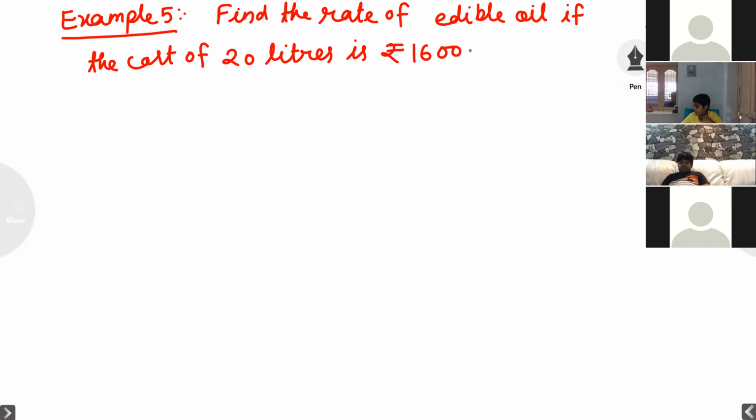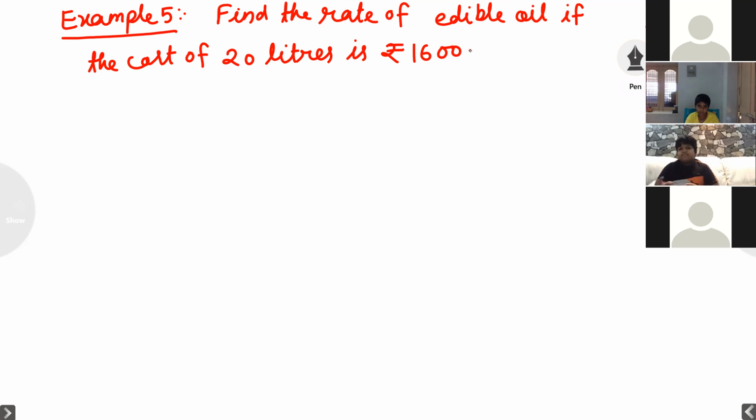When we go to a shop, we ask what is the rate of one packet of edible oil. We ask the cost for only one item, not 100 items or 20 items.